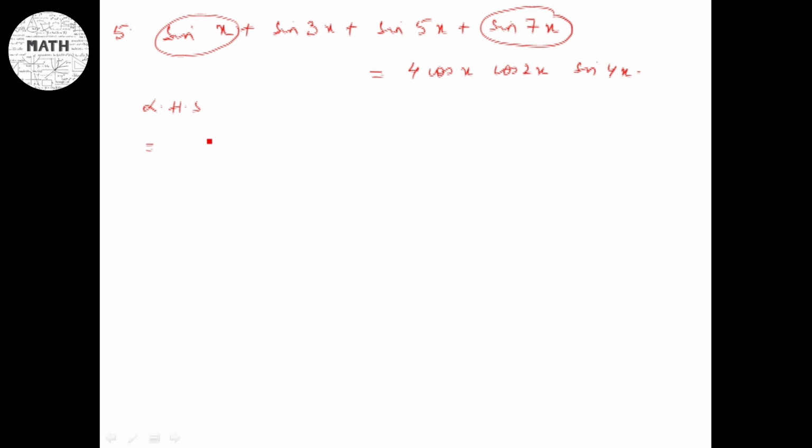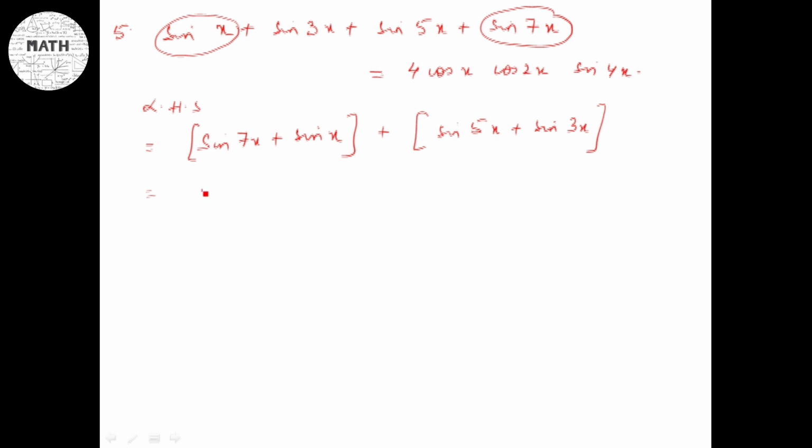So I'm just going to rearrange them, so it'll be sin 7x plus sin x, and then similarly the leftover terms, so that will be sin 5x plus sin 3x. So what I did is I just added the highest term with the lowest term and gave the bracket, and whatever terms were left. Clear? Now apply the formula for sin x plus sin y.